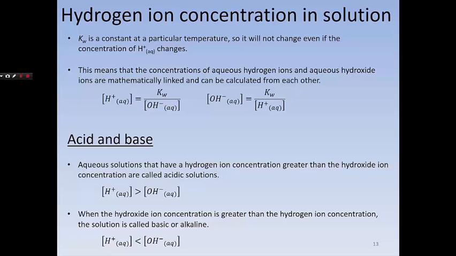For example, when an acid is added to pure water, this means hydrogen ions are introduced into the pure water. This action will push the reaction of self-ionization of water backwards in order to reach a new equilibrium position where the product of hydrogen ion concentration and hydroxide ion concentration is still 10 to the minus 14.